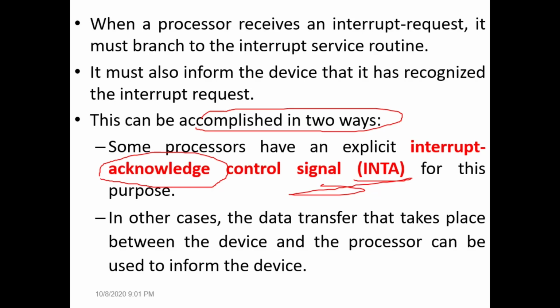It makes that line high, plus 5 volt. All devices are connected to that line and will receive that signal. So whichever device has interrupted comes to know that the processor has considered its interrupt. This is a separate dedicated physical wire from the processor to all the IO devices, called INTA, the Interrupt Acknowledgement control signal.